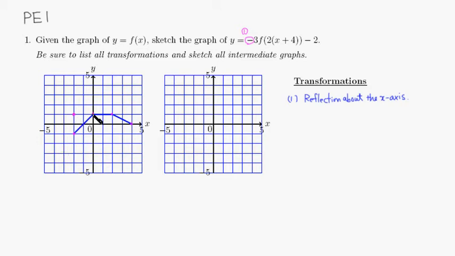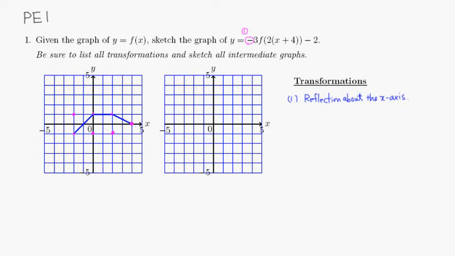Same thing here, the y value is positive 1 to begin with. Reflected to the other side, it becomes negative 1. Here again, positive 1 becomes negative 1. This is a kind of strange one: the y value is actually 0 because it's sitting on the x-axis, so if you reflect it about the x-axis, it doesn't move.